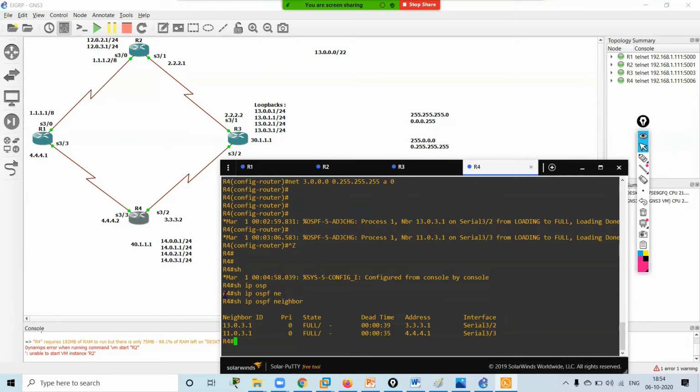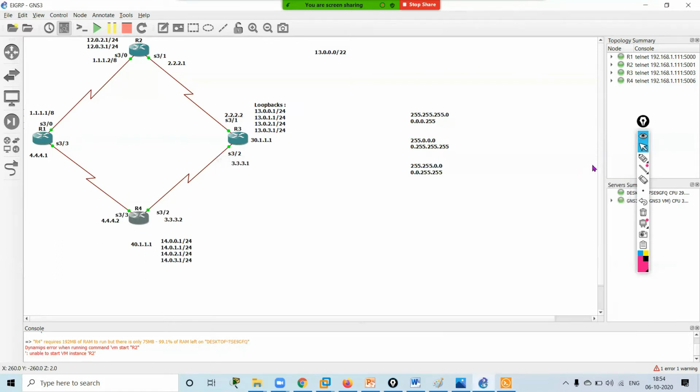Now if I want to configure multiple area OSPF, what can I do? Suppose my plan over here is that I will not use this link between R1 and R4. I'll just delete this link, or just shut the link down. And between R1 and R2, I'll be running area 10.